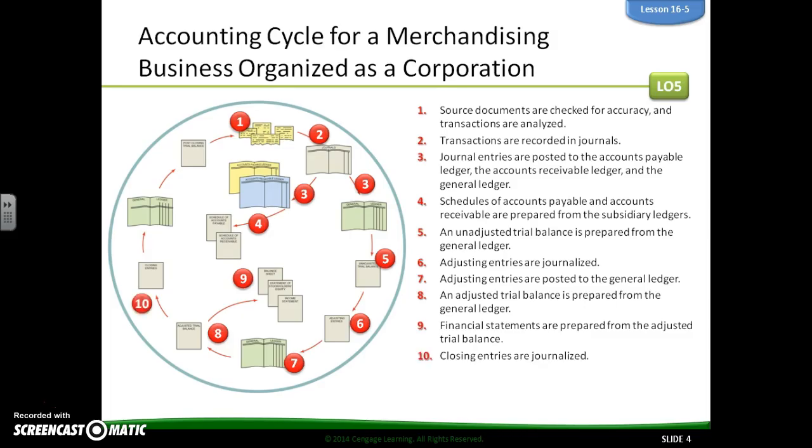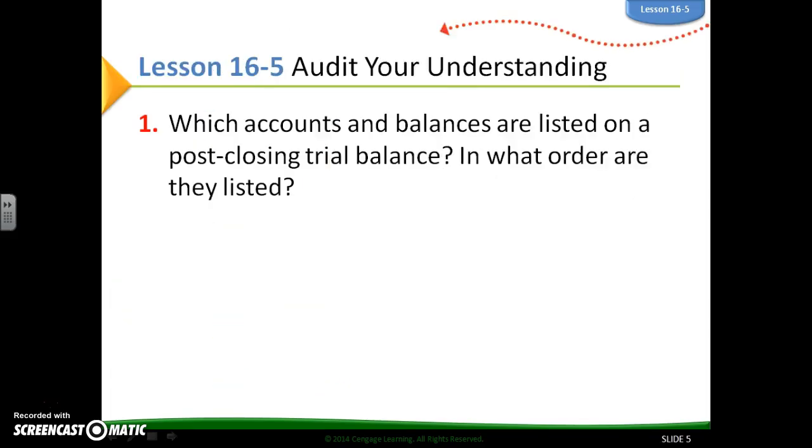We journalize our closing entries and post those entries to the general ledger. Then the post-closing trial balance is prepared, and we want to make sure we're proving our debits equal our credits and confirming that the only accounts that have a balance are the asset, liability, and capital accounts.